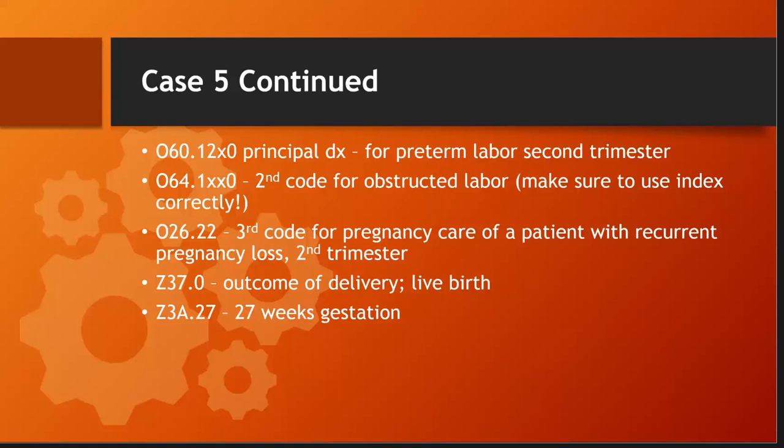That's also a code that you must go to the tab because you need to identify the 7th character value, and you need 2 placeholders in this case. Then we have the O26.22 for the 3rd code for her pregnancy care because of her recurrent pregnancy loss.